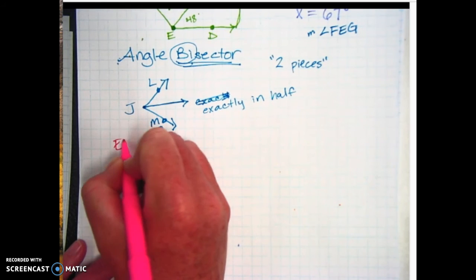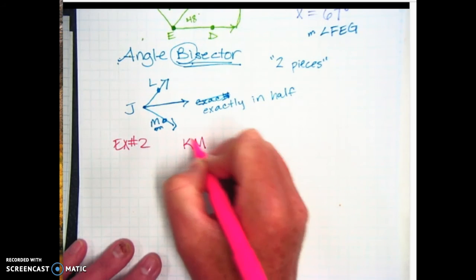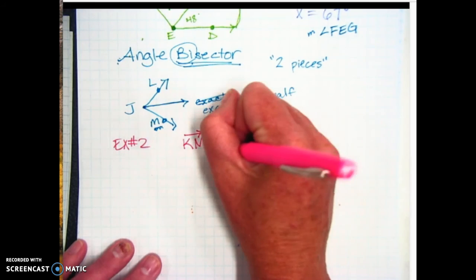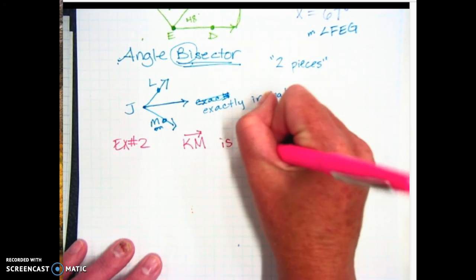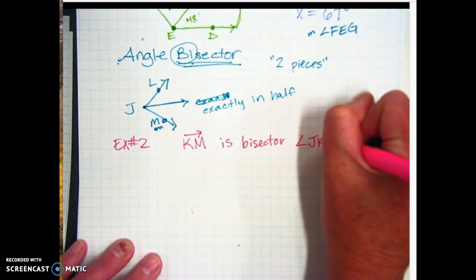So example number 2, we're going to say that ray KM, bless you, is the bisector of angle JKL.